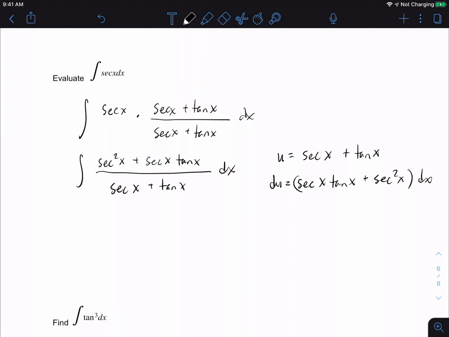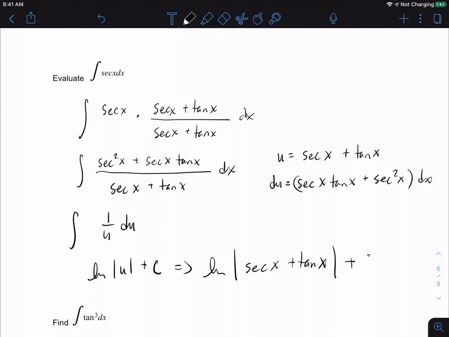So we end up with the integral of 1 over u du. Something that's very manageable for us, correct? We know that's going to be ln of absolute value of u plus c. Then when we do the substitution, it's ln of secant x plus tangent x plus some constant c.